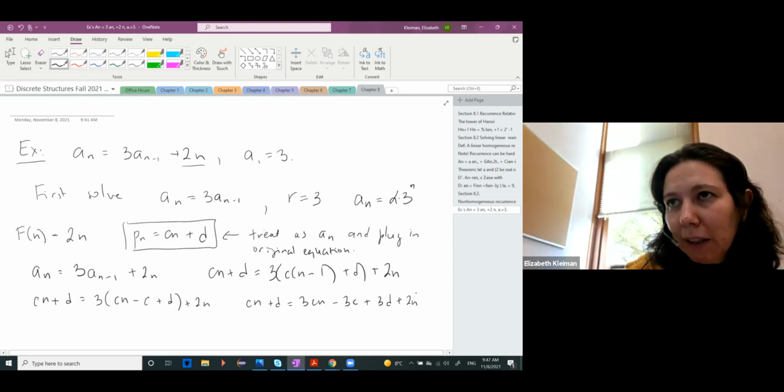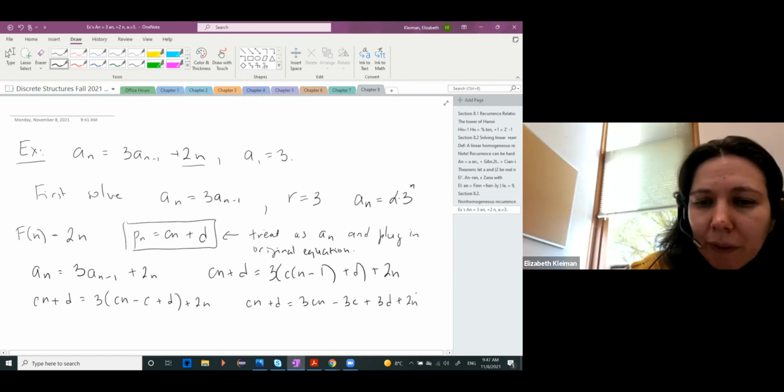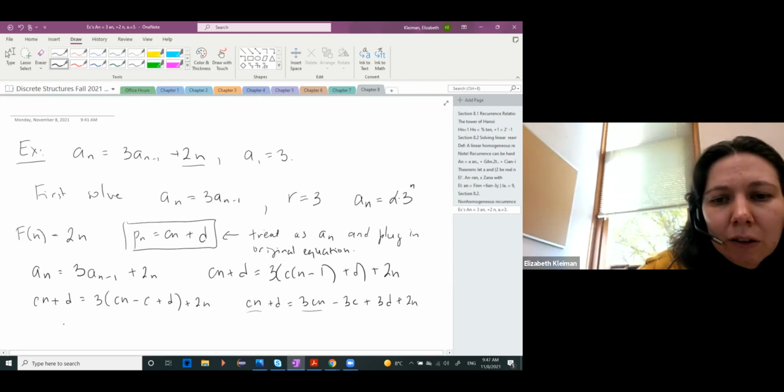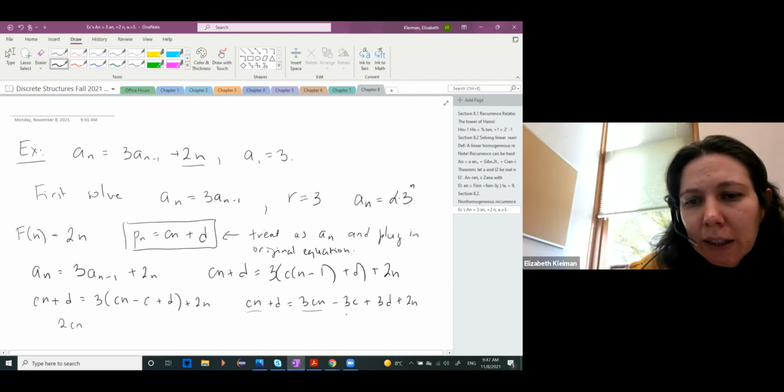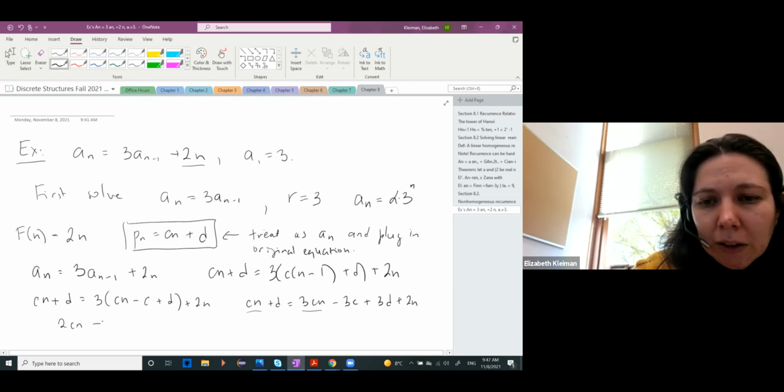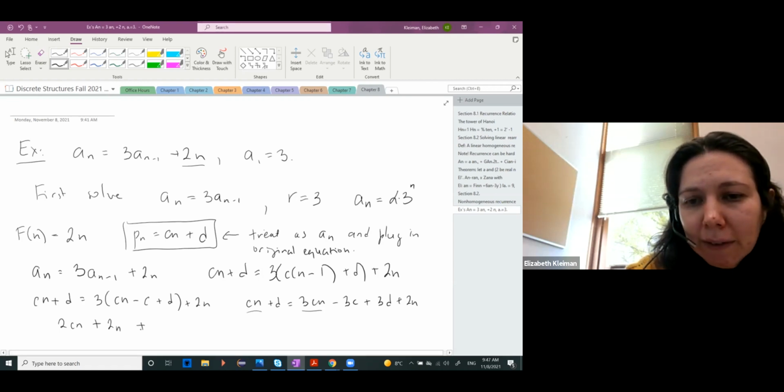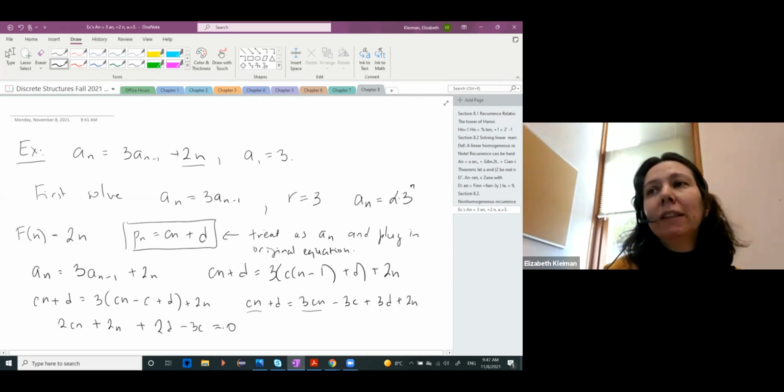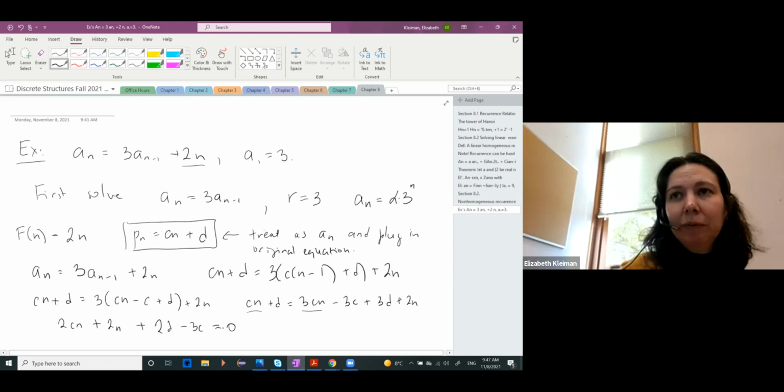What we get here is 2Cn plus 2n, I'm going to put the n's first, and then plus 2D minus 3C equal to 0. This is the equation I got.